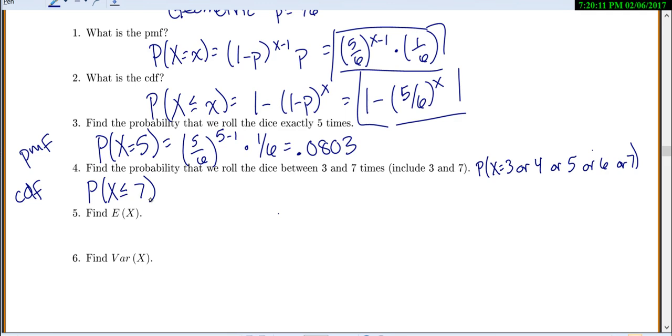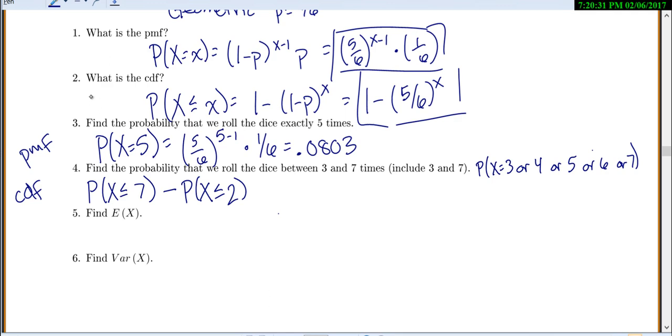Subtract the probability of x is less than or equal to 2. Okay, 2. So we'll do probability that x is less than or equal to 2, because that would take out my 0, my 1, and my 2. We'll subtract out that probability.